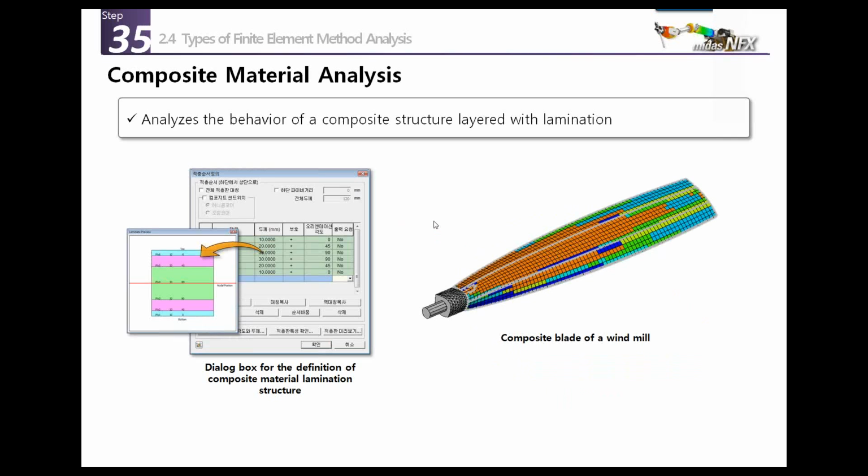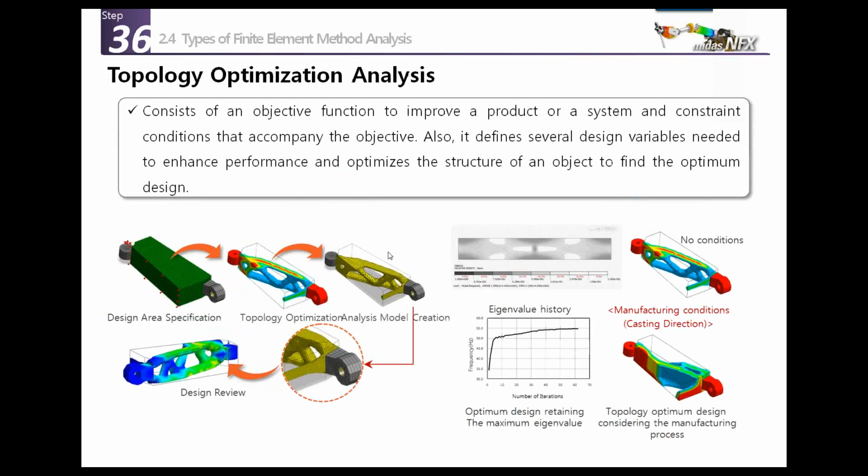Composite material. In the case of your material using composites, you can also consider that using the ply layups inside the software. Topology optimization. This is a specific type of analysis mostly for designers who want to optimize the shape of their model of the part.